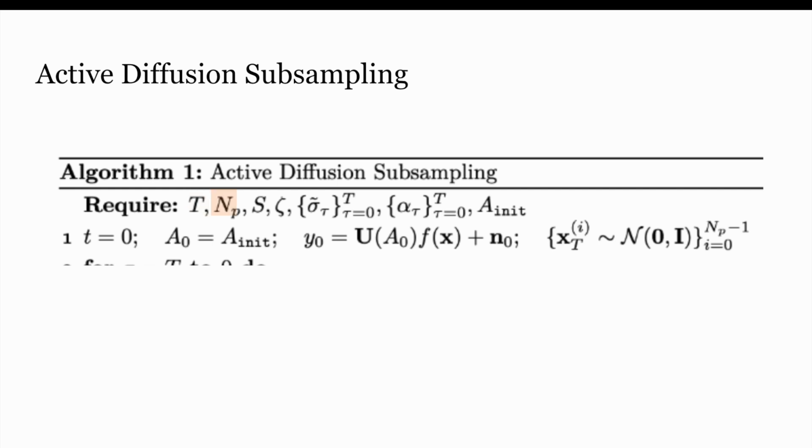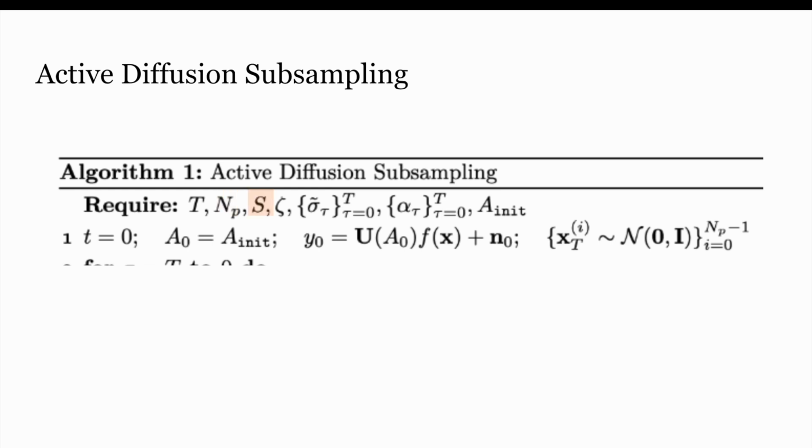NP is the number of particles. So during this process, we of course need to generate multiple posterior samples in order to get an idea of the entropy of the distribution. And we refer to those as particles, which is an analogy from particle filters, which use a set of samples from a distribution known as particles to represent it. And so that's what NP refers to.